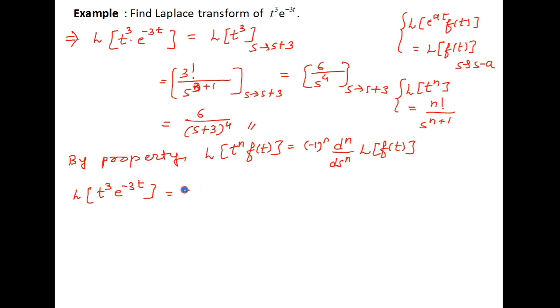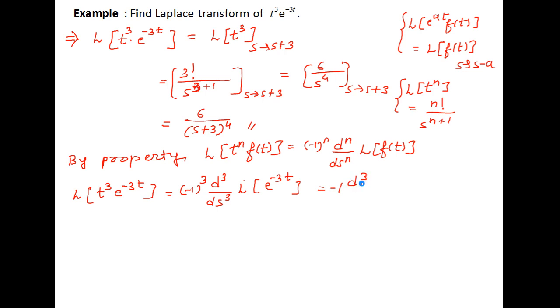Yes, minus 1 raised to 3, because n is 3 here. And now here we have to take the third order derivative of the function. Then finding the Laplace of the part other than t, that is e to the power minus 3t. Now here minus 1 raised to 3 means minus 1. Any negative term raised to an odd power is negative.